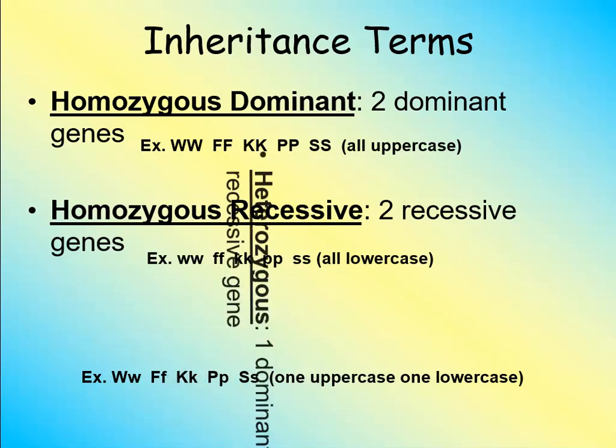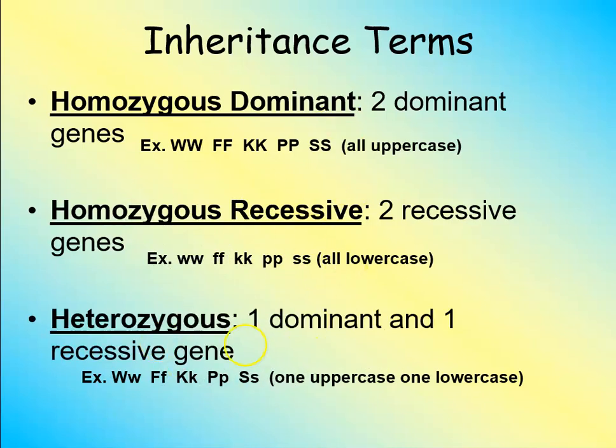So for your notes, what you're going to be doing is you're going to make sure you have all of this PowerPoint, specifically these words right here. So homozygous dominant, make it look pretty, make it catch your eye, because for the rest of the unit, I'm not going to say two capital letters.